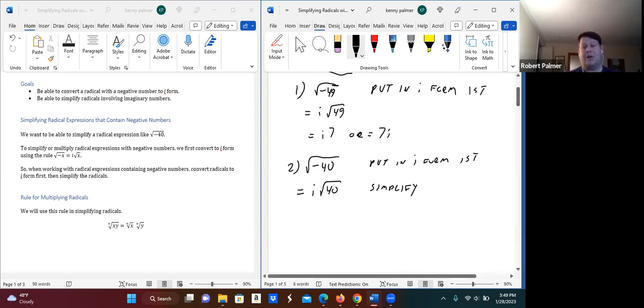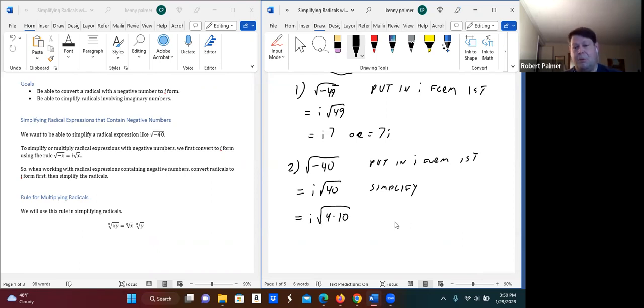The square root of 40 is one we can actually simplify. So use this property here. What we're looking for are any perfect squares that are in 40. 40 itself is not a perfect square like 49 was. Are there any perfect squares in 40? Yeah, there is. So one way we can write this is I, and then 40 is the same as 4 times 10.